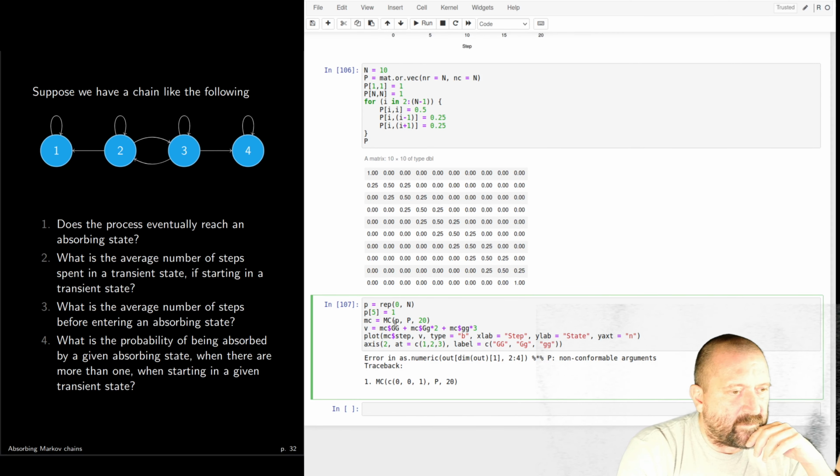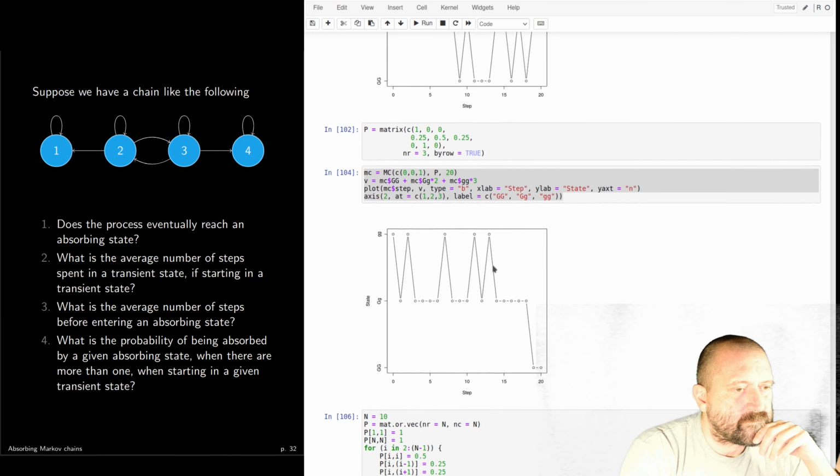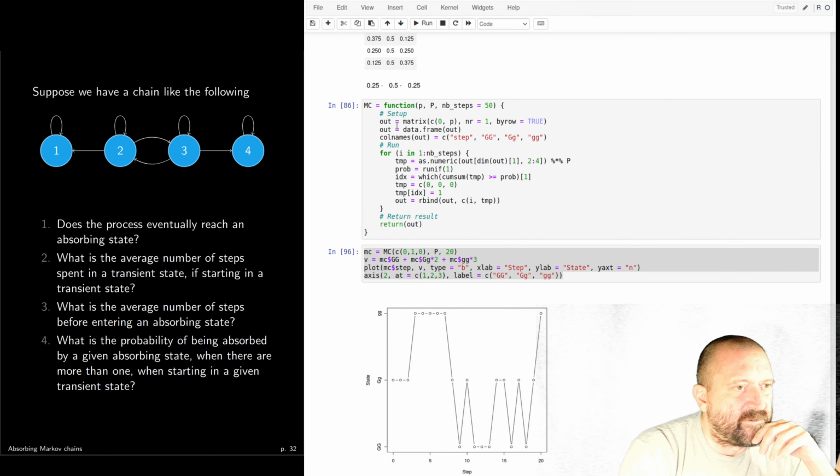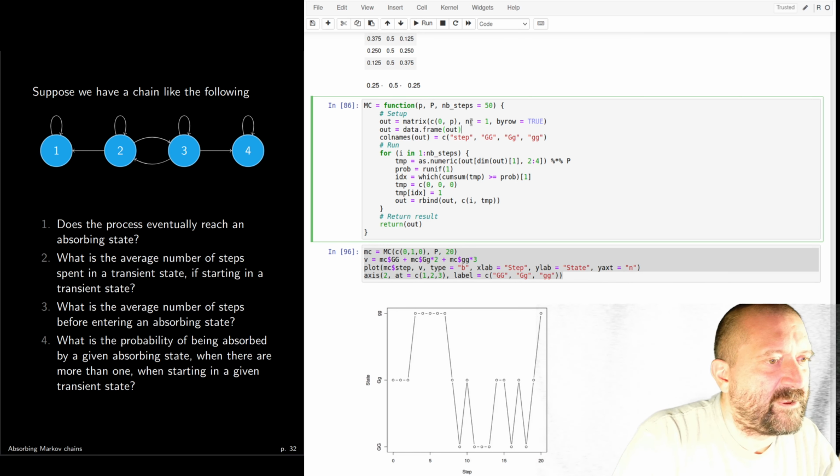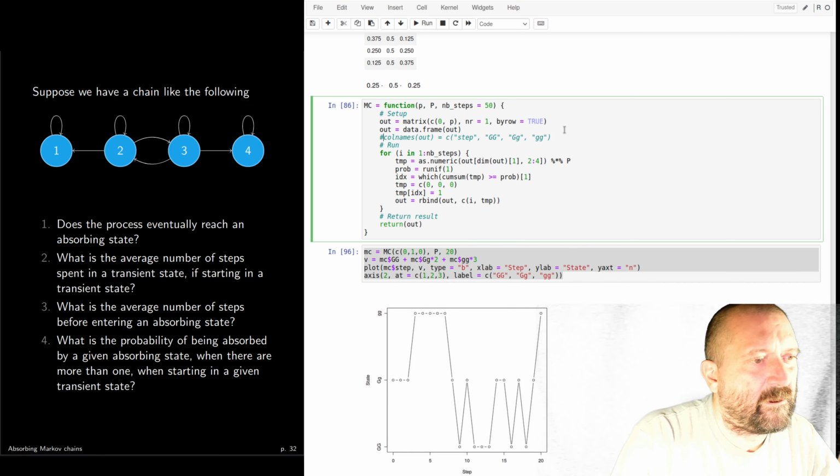Okay, this is going to be messy, so MC, let me just check. Okay, so this is not good. Setup matrix P, call names, let's take this out. We don't care about the column names here.